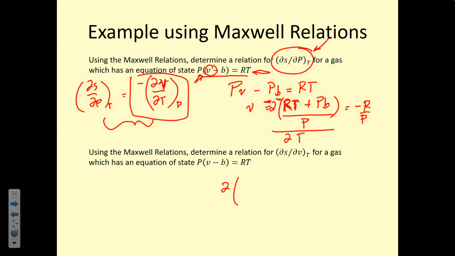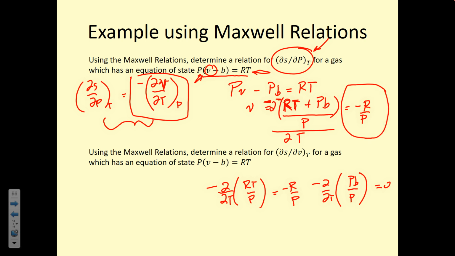So the derivative with respect to temperature of RT over P is equal to negative R over P. What's the derivative with respect to temperature of PB over P? Zero. So this is our answer for this equation.